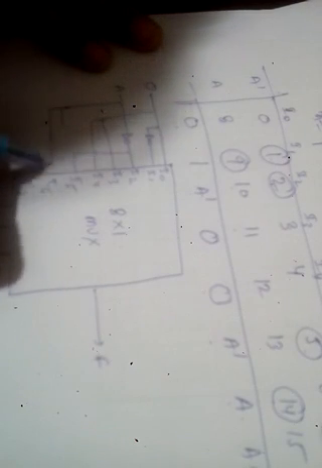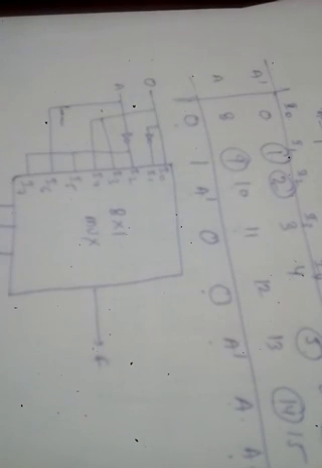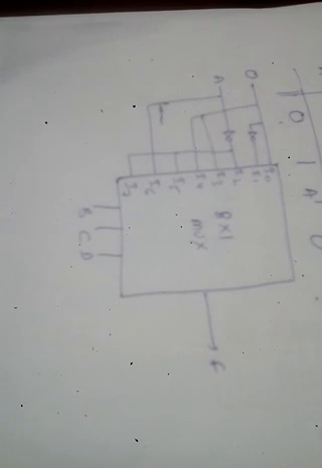I6 is A, and I7 is A bar. So this is the logic circuit diagram for 8 by 1 mux. We can implement any Boolean function using mux by this method.